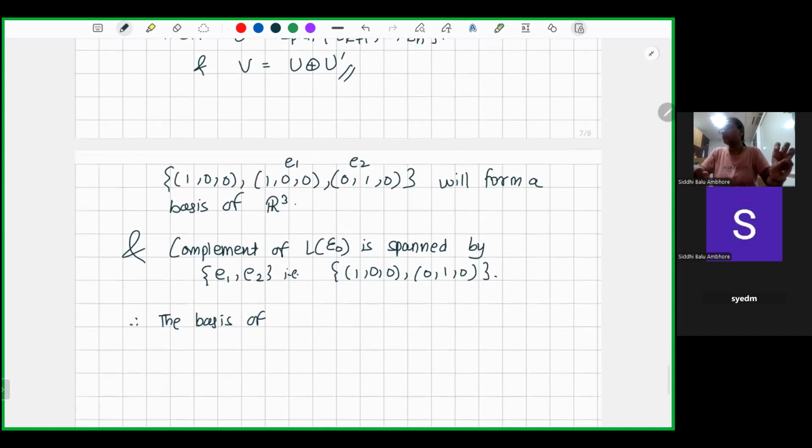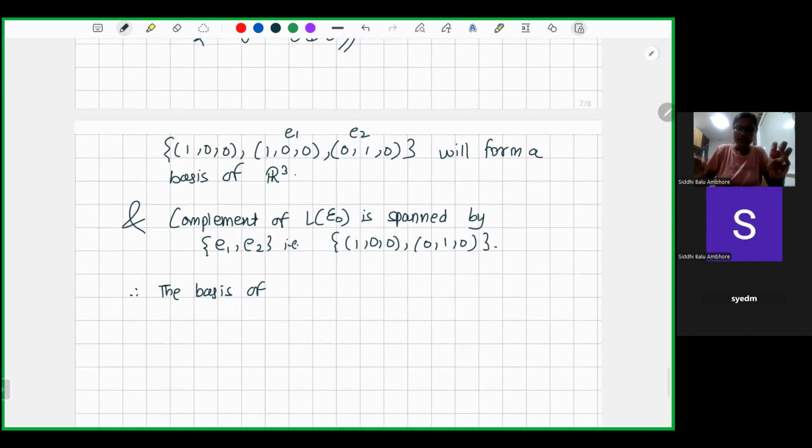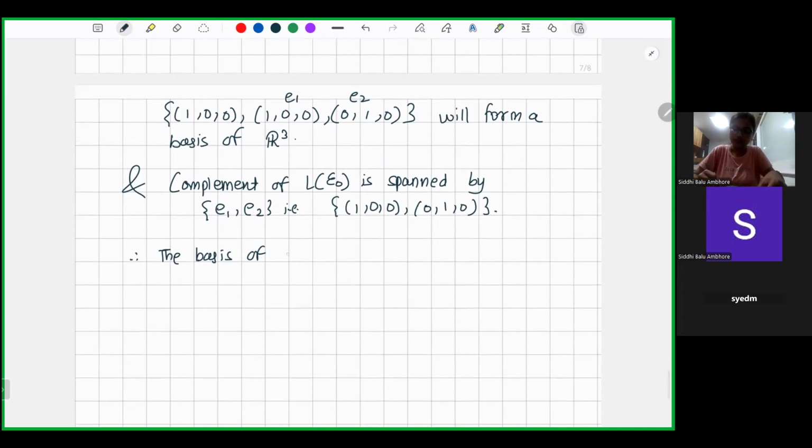So as I said, whatever the basis of a complement is, the corresponding cosets will form a basis for my quotient space. So the basis for this space will be (1, 0, 0) plus L epsilon naught, comma (0, 1, 0) plus L epsilon naught.